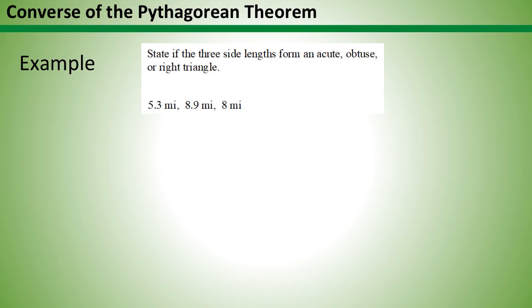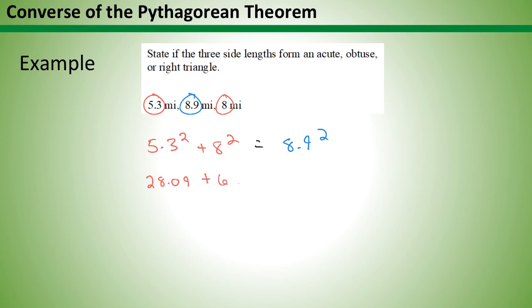Then one more example. So my two short sides this time are 5.3 and 8. My long side is 8.9. So 5.3 squared plus 8 squared is equal to 8.9 squared. Okay, so 5.3 squared is going to be 28.09 plus 64.